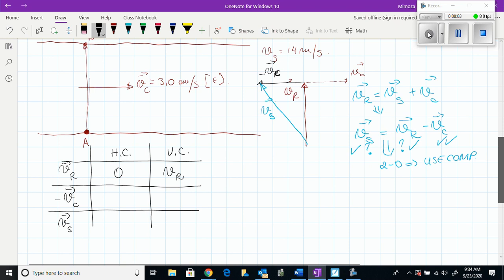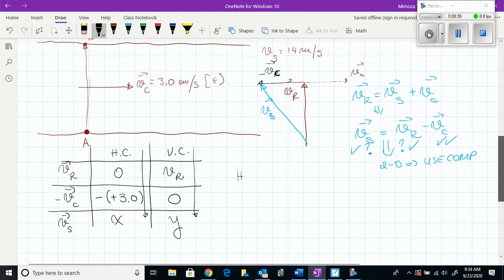For the current, the horizontal component is positive 3, since we have the negative here, so negative, negative, positive 3. And then we don't know the horizontal component of the velocity of the swimmer, and we don't know the vertical component of the velocity of the swimmer.